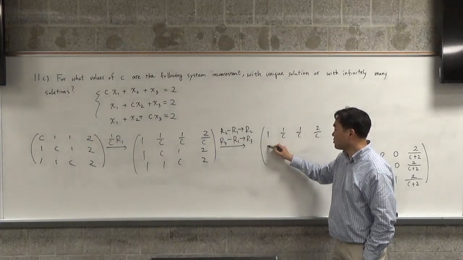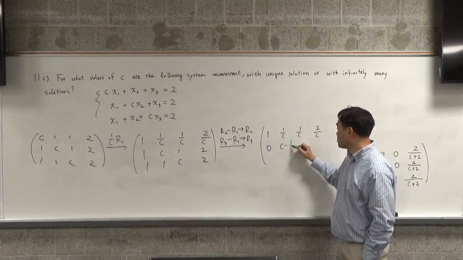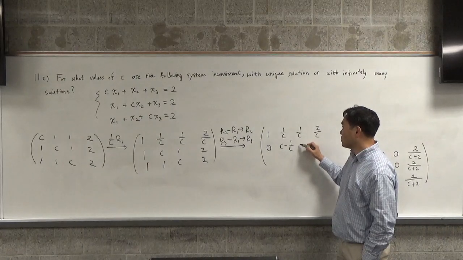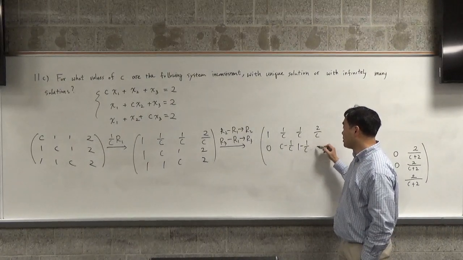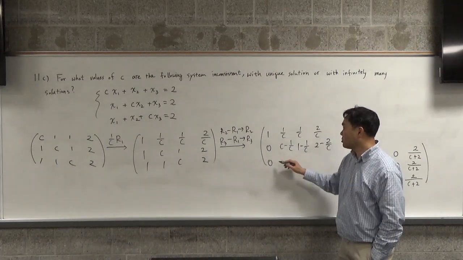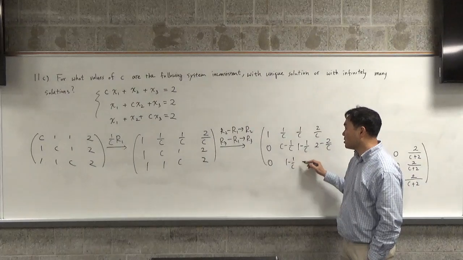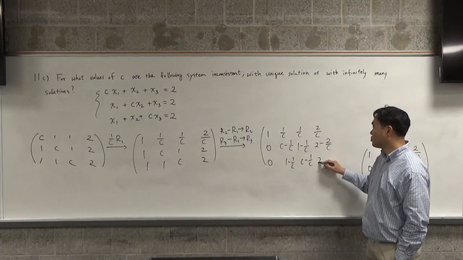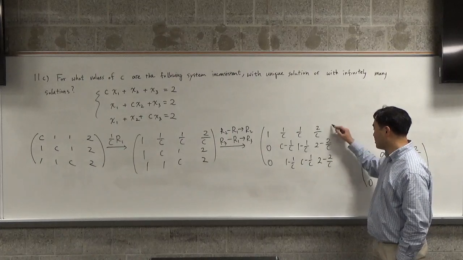Then subtracting, you get 0, c minus 1 over c, 1 minus 1 over c, 2 minus 2 over c, and 0, 1 minus 1 over c, c minus 1 over c, and then 2 minus 2 over c.